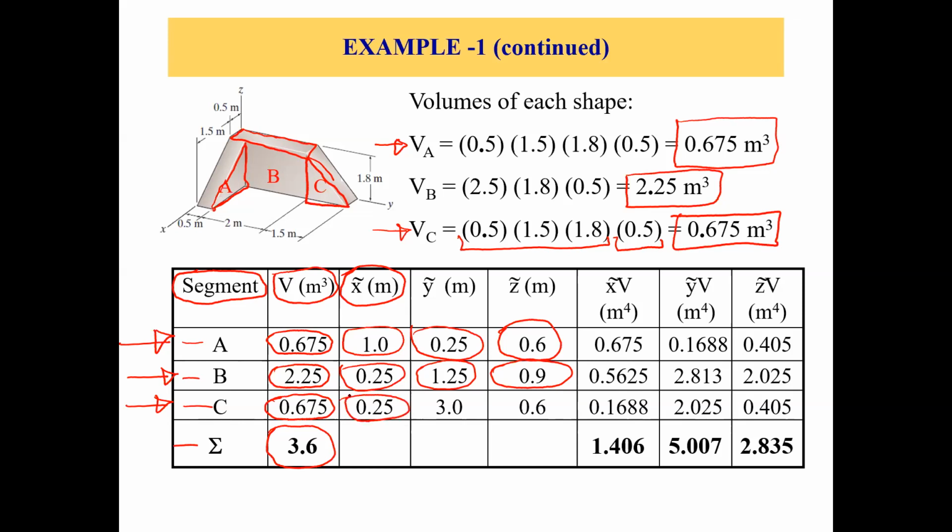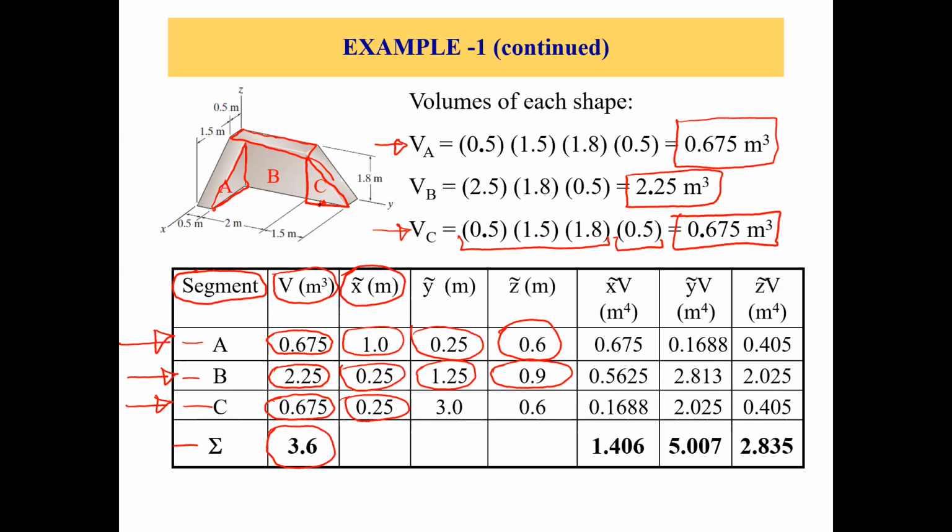Now along the y-axis, what is y bar? It would be somewhere here, so we need to add 2.5 meters plus this portion. This portion is 1/3 of 1.5 meters, which is 0.5 meters.